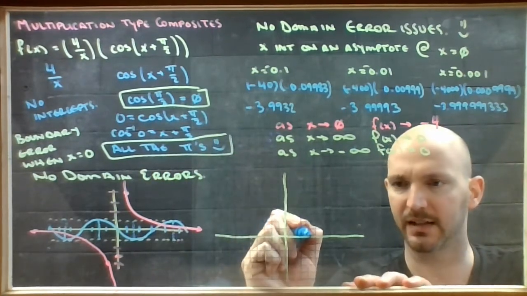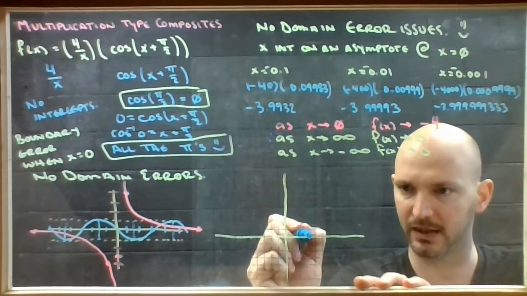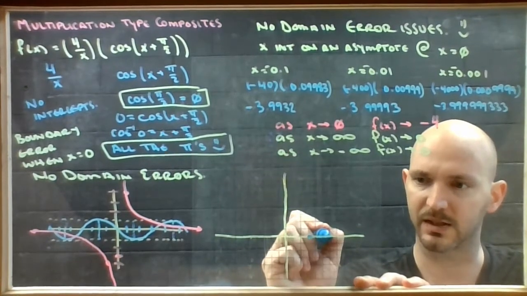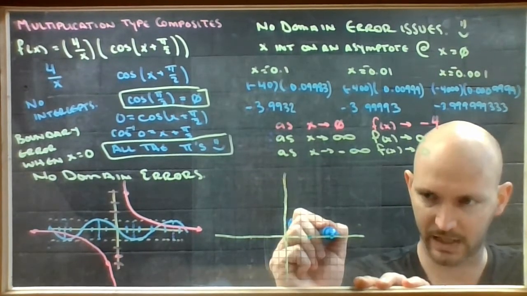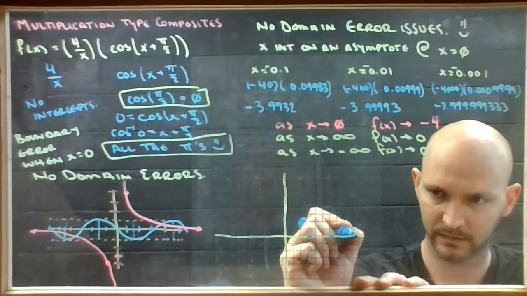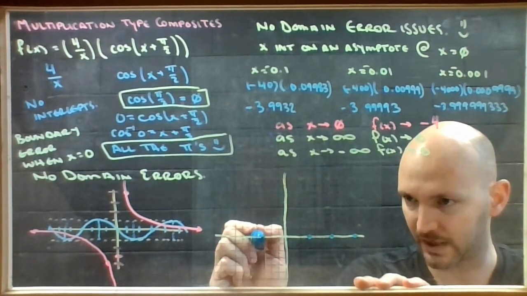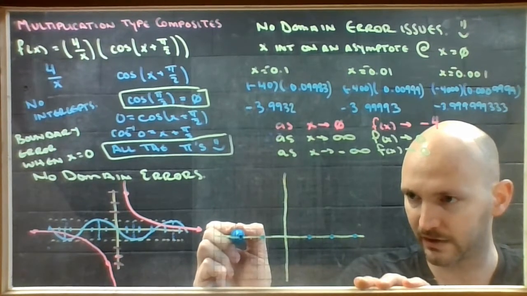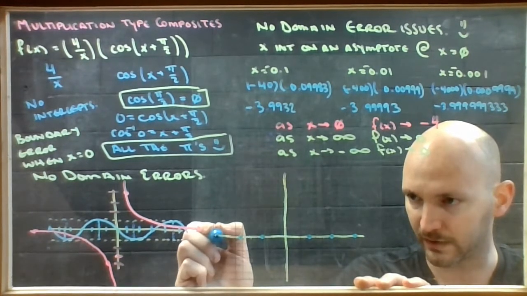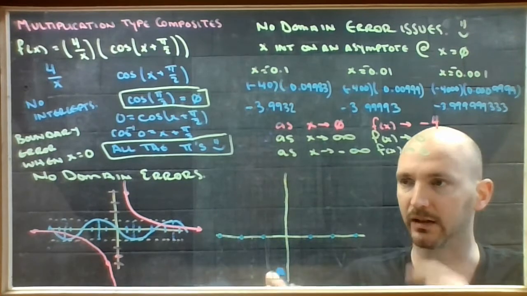So pi is at a little bit more than 3, and a little bit more than 6, and a little bit more than 9. Same thing in the opposite direction, negative pi, negative 2 pi, negative 3 pi. Alright.